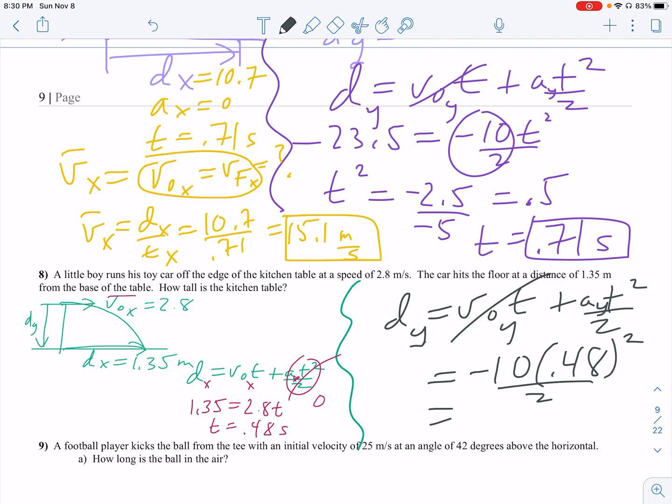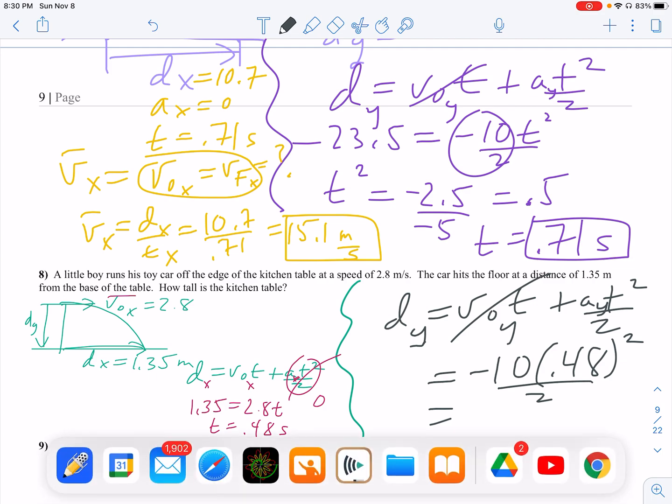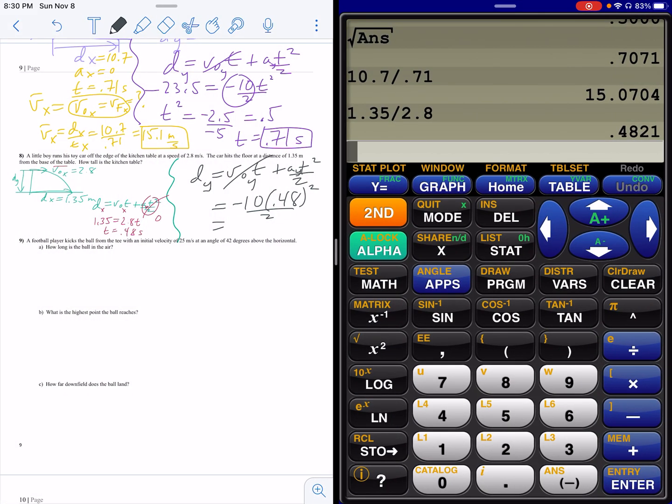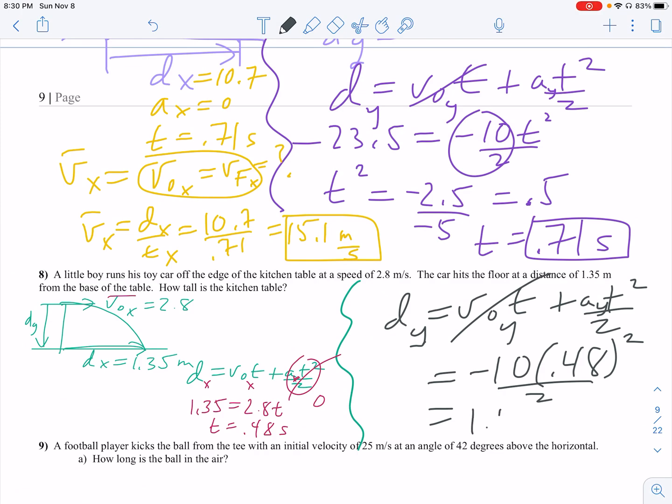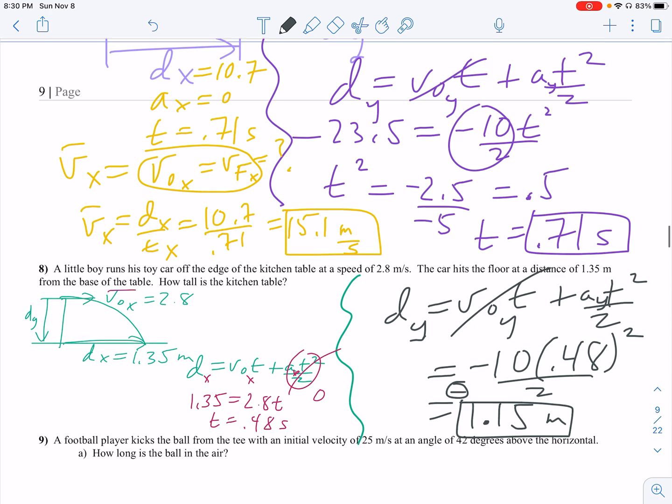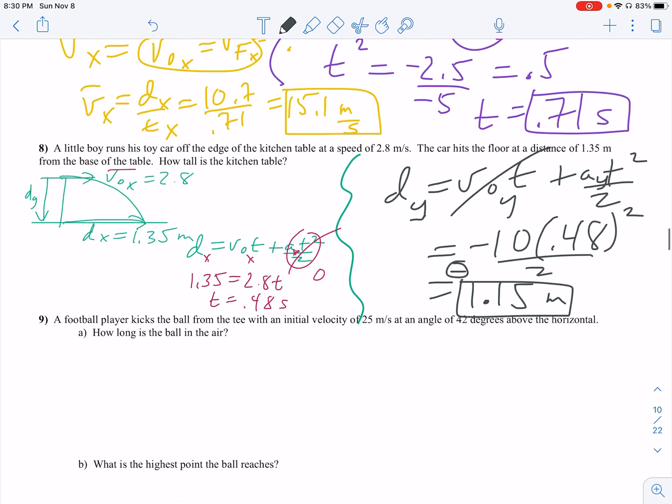Negative 5 times 0.48 squared. 5 times 0.48 squared is 1.15. 1.15 meters. And it's negative, but the height's positive, so that's my answer right there. dy is negative 1.15 meters, or the height is 1.15 meters.